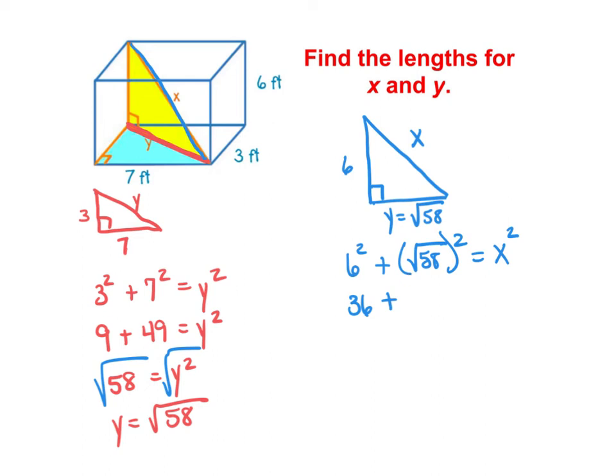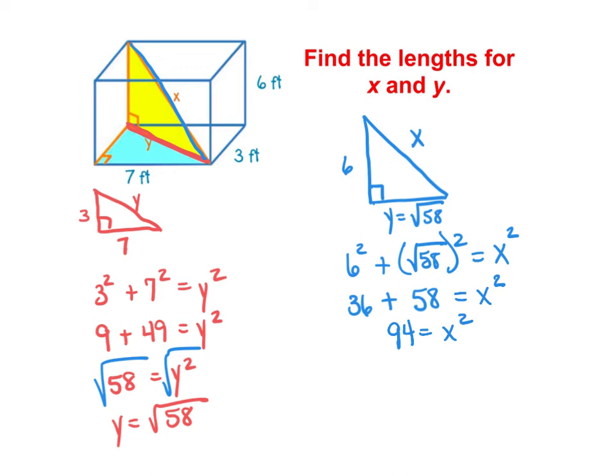When we square the square root of 58, we get 58. Squaring a square root cancels these two out because they are opposite operations, so you just get the number inside. So this is equal to x squared. Now 36 plus 58 gives us 94 is equal to x squared.